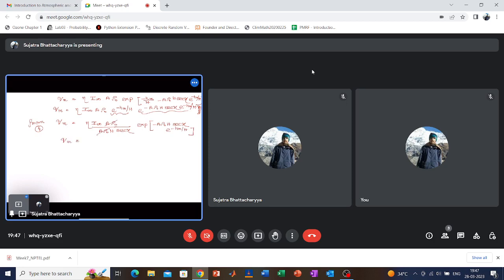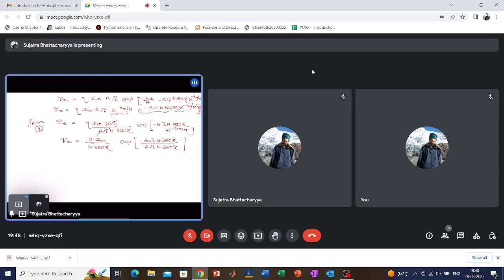Qm will be equal to eta I infinity divided by h sec chi, will be equal to the exponential of minus a rho naught h sec chi divided by a rho naught h sec chi.